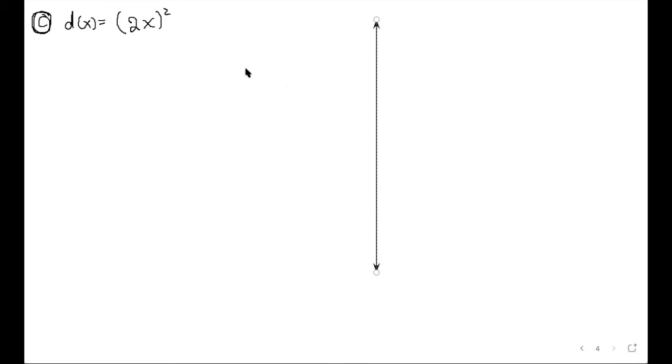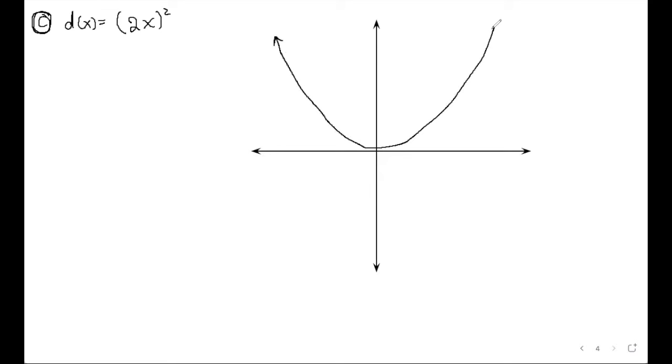So the graph looks like x squared. This is o of x equals x squared.